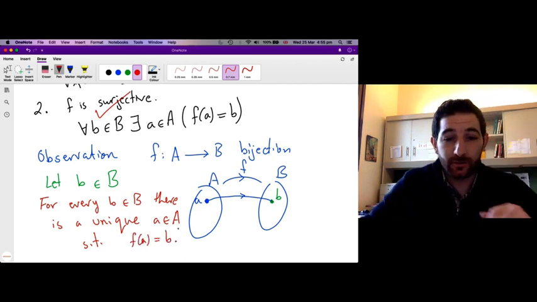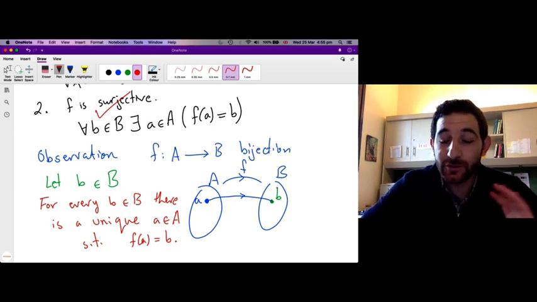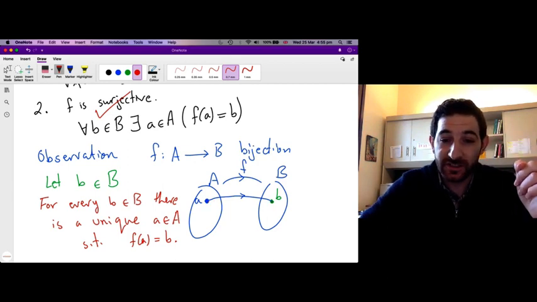Again, what happens if f is a bijection? You choose any element in the codomain whatsoever, there must be a pre-image of it because it's surjective, and this pre-image is unique. There's no other because the function is injective.